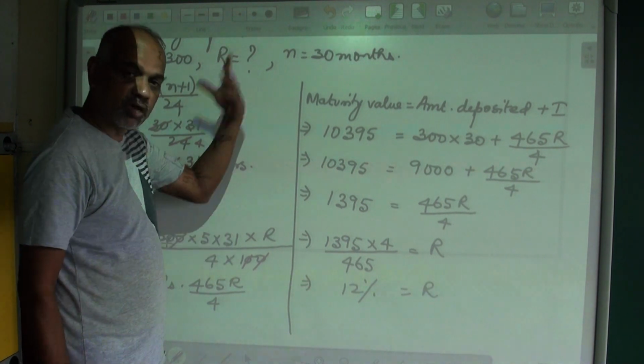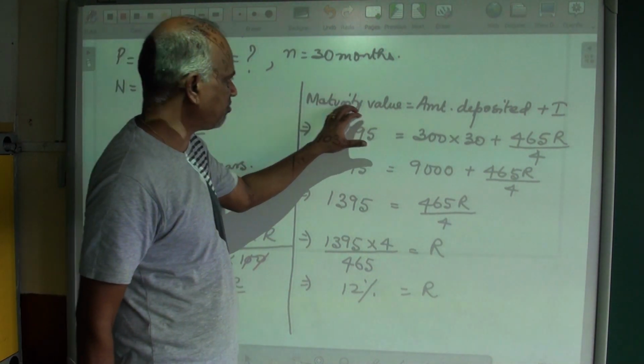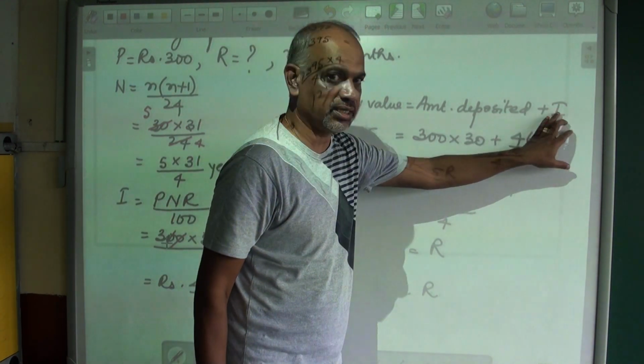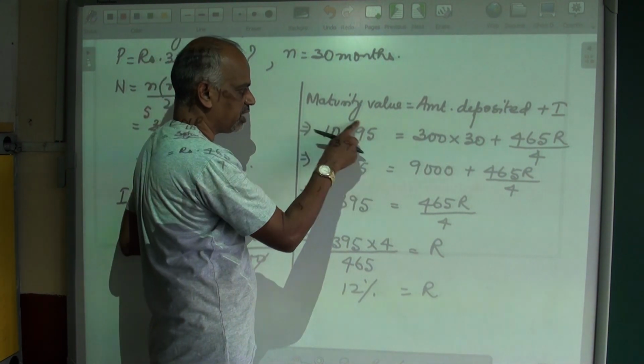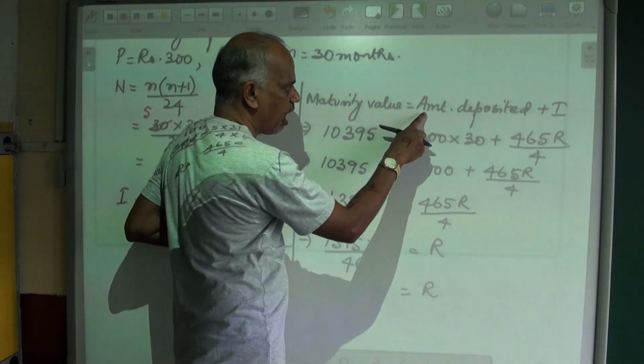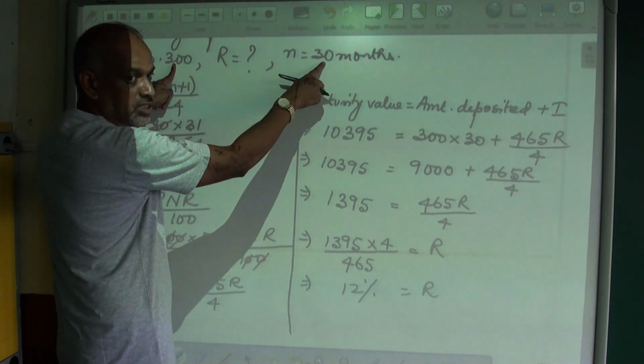Next, because you know the maturity value, this is your third calculation. Maturity value is amount deposited plus interest. Maturity value you know from the question is 10,395, equal to amount deposited. Principal was 300, for 30 months it was deposited.